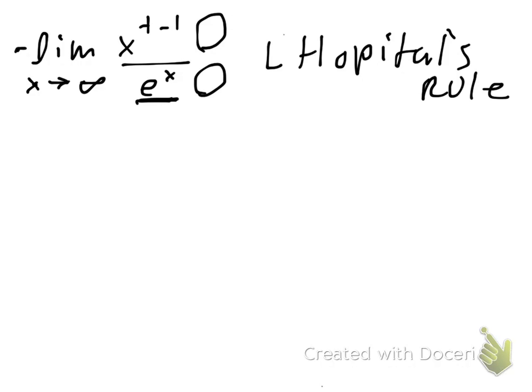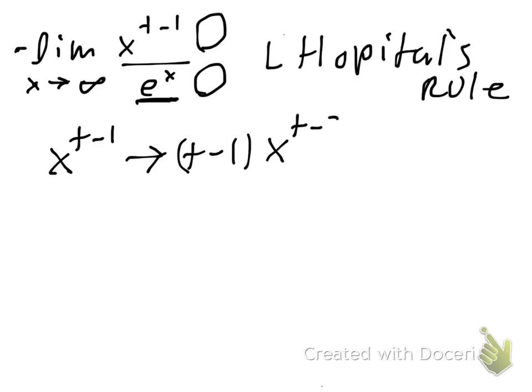Now, here's the interesting part: when we take derivatives of the numerator, it's going to go down slowly, and here's what I mean. So if we have x^(t-1), if we take one derivative with respect to x, it's going to give us (t-1) times x^(t-2).